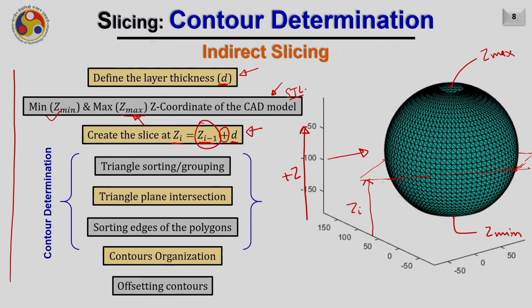Now, we are going to see that not all the triangles are intersecting with the plane. Some of the triangles above, for example these triangles, are not intersecting with this ith slicing plane, and on the bottom also there are some triangles that are not intersecting with the ith slicing plane. We have to identify these triangles.